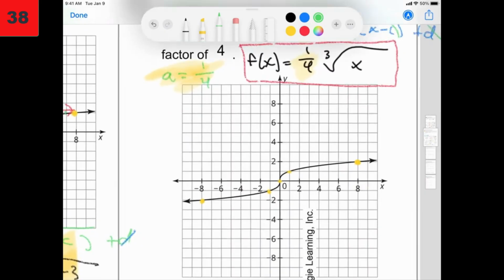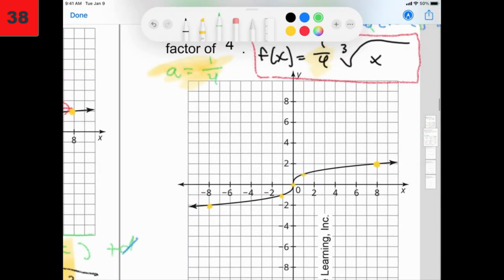All right. So let's put the reference points in here. We said -8 was -2, -1 is -1, 0 is 0, 1 is 1, and 8 is 2. Okay? So if you go back and look at our intro video, we said that if you ever have to use the table of values, which you can, I'm just trying to show you this.